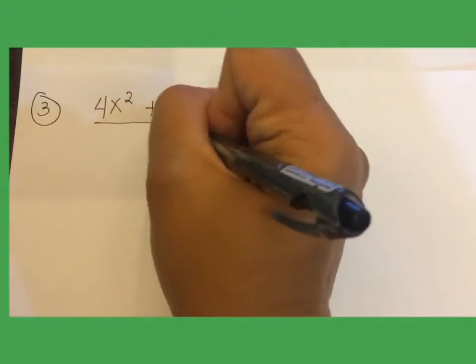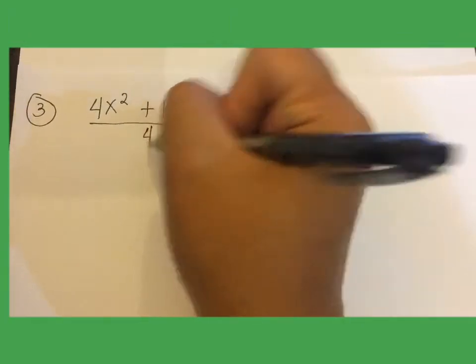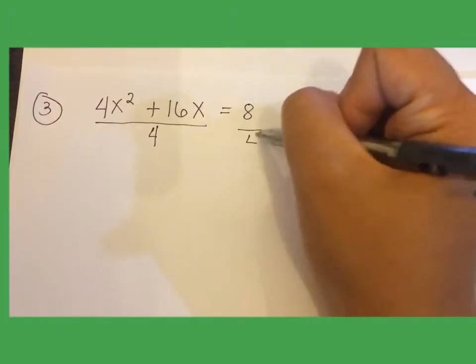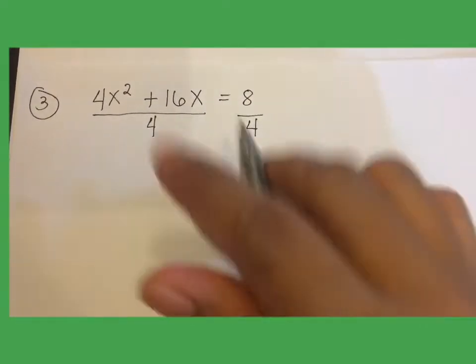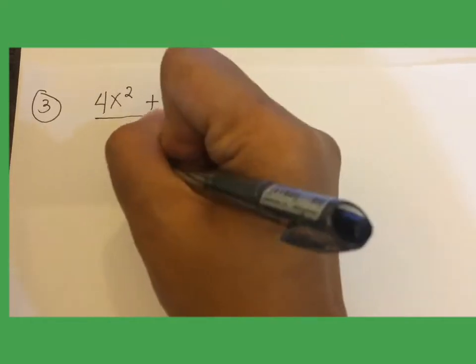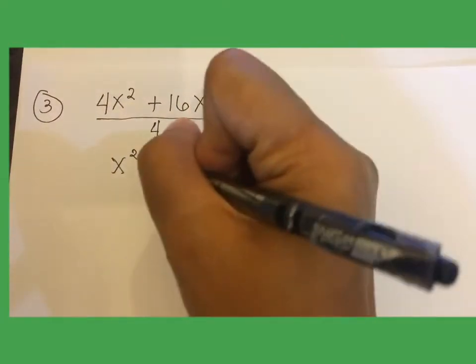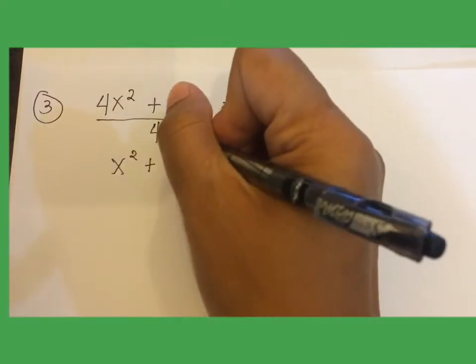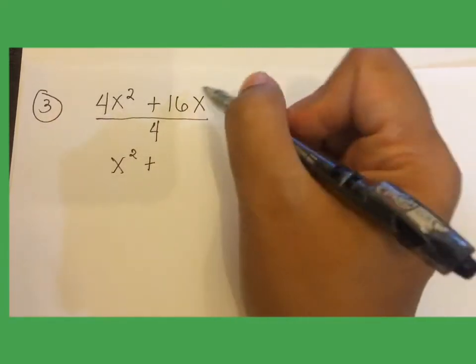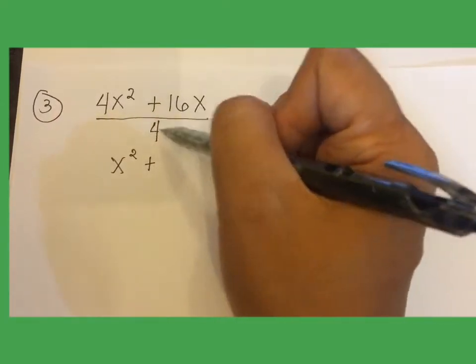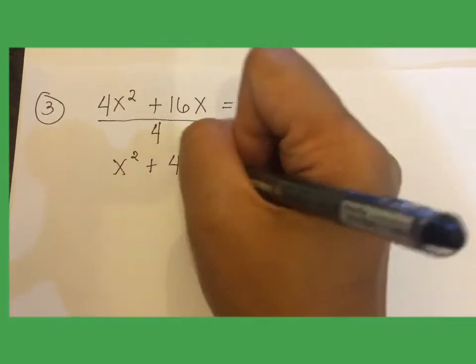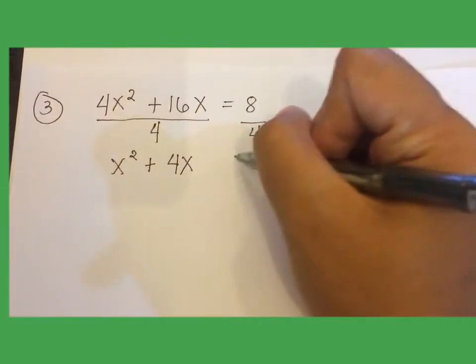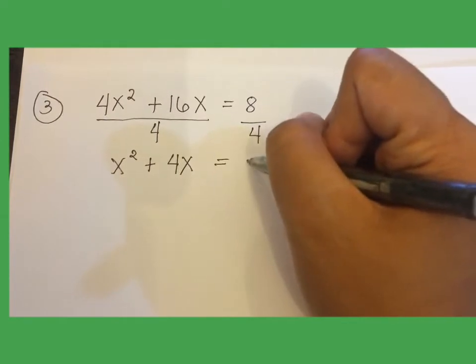Divide both sides by 4. So this becomes 4x squared divided by 4, that is x squared, plus 16x divided by 4. You just divide the numerical coefficient. 16 divided by 4, that's 4. Then attach the variable there. Then 8 divided by 4 is 2.